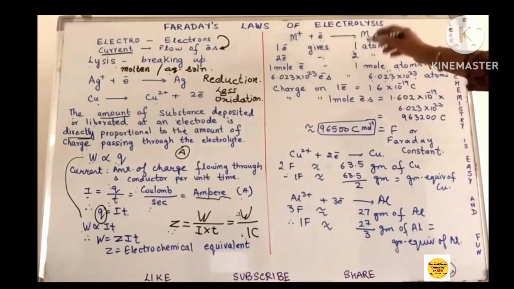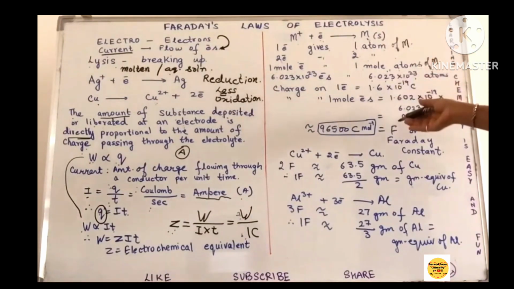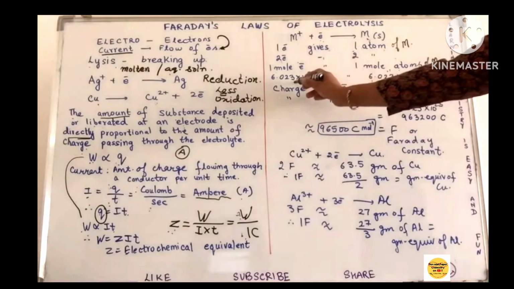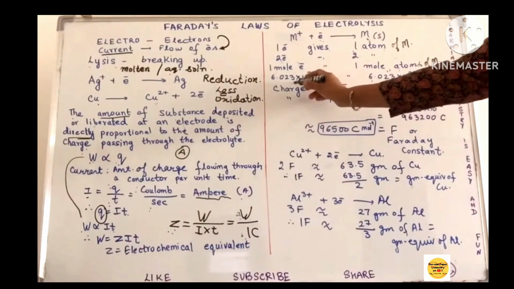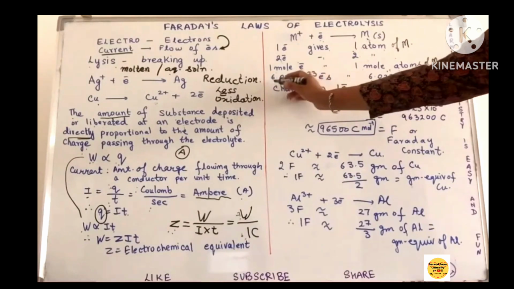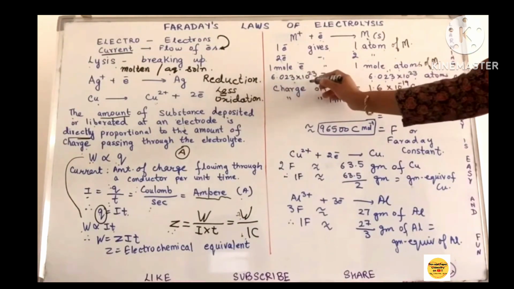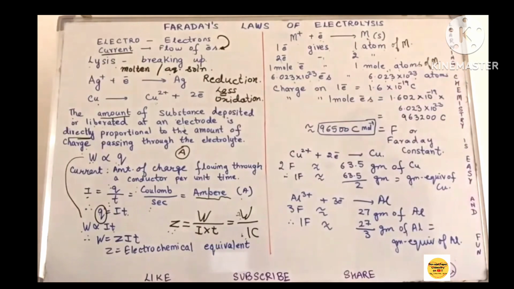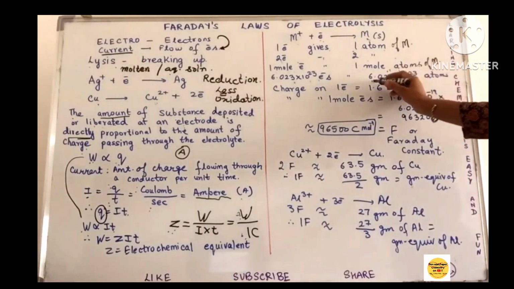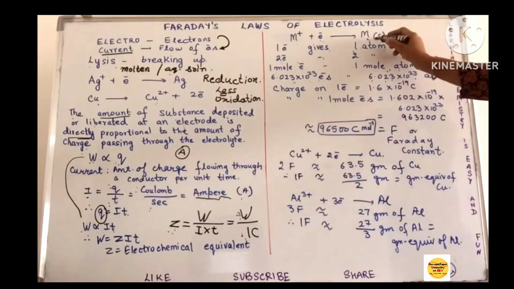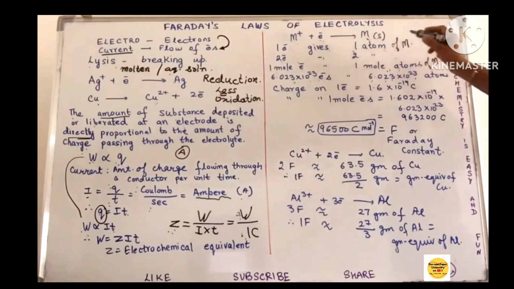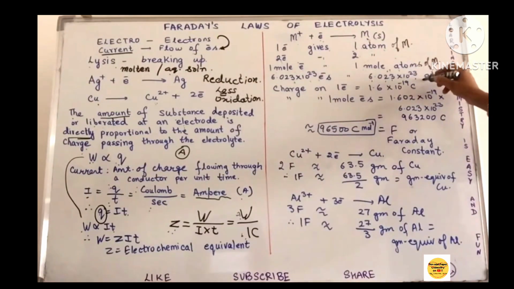I shall be taking a few examples later in this video to explain the concept. So if I have 1 mole of electrons, that means I am talking about an Avogadro number of electrons, which is 6.023 into 10 to the power 23 electrons. They will give me 1 mole of M, which also equals the atomic mass or the molecular mass, that is 6.023 into 10 to the power 23 atoms.